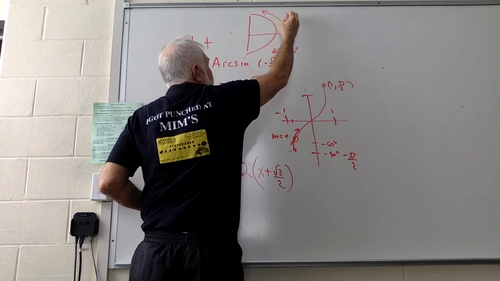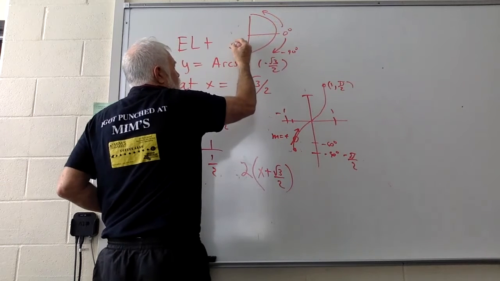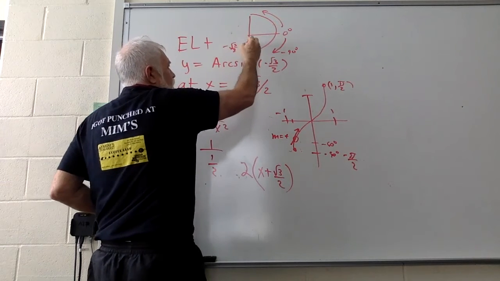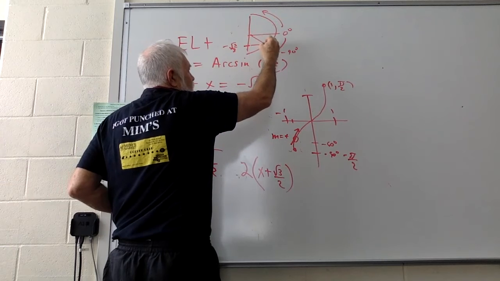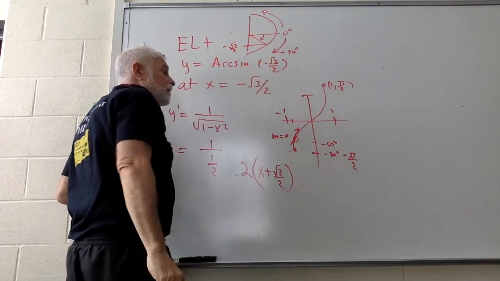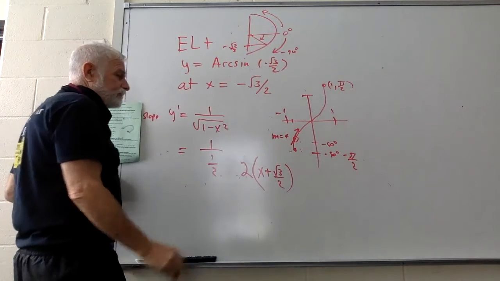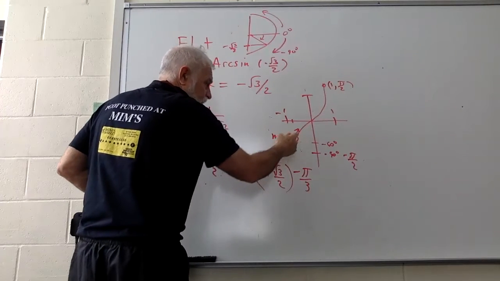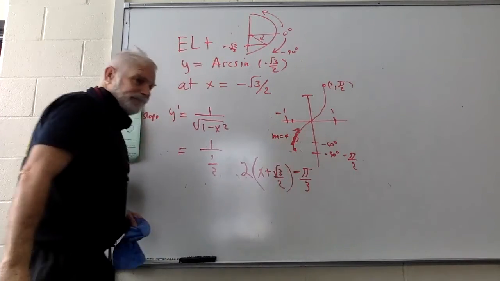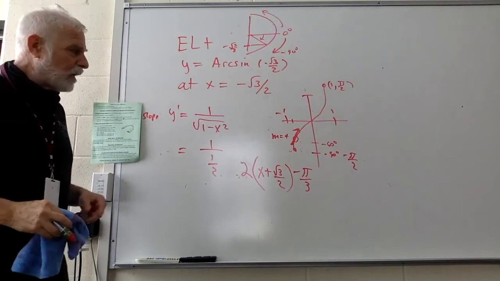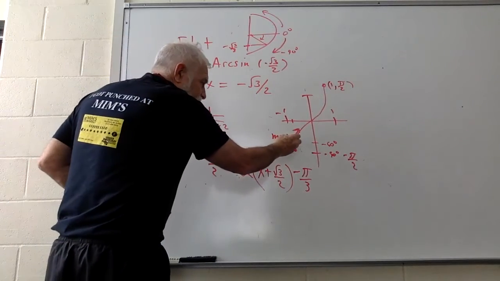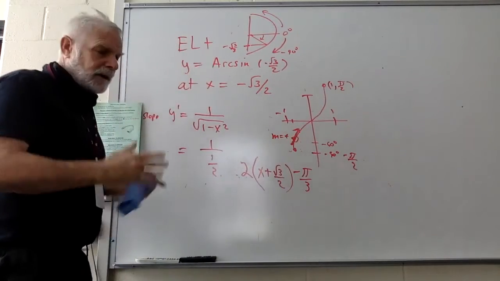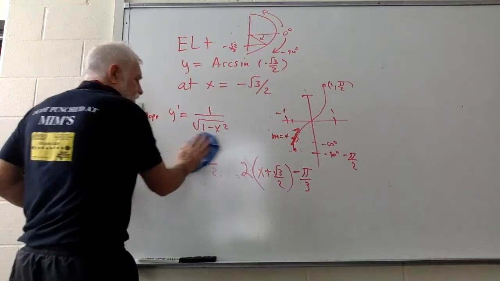That direction is positive 90. This is negative root 3 over 2. That's my input. And what is that angle? That angle is indeed minus 60 degrees, minus pi over 3. That matches up with the tangent, which gives us information about the rate of change at that instant. Okay? All right, that's what it is.